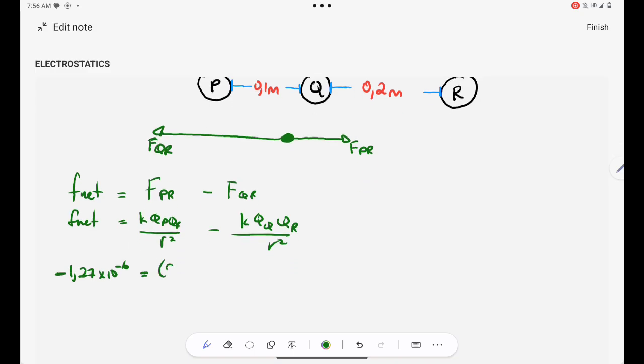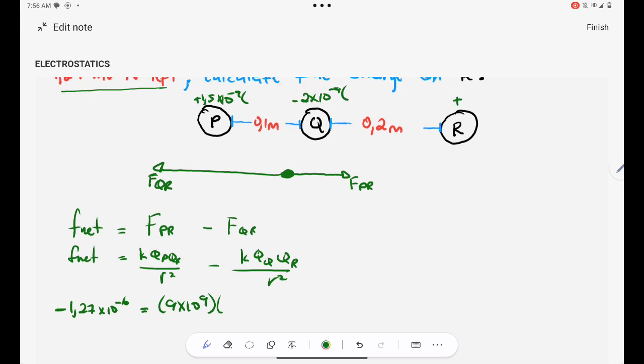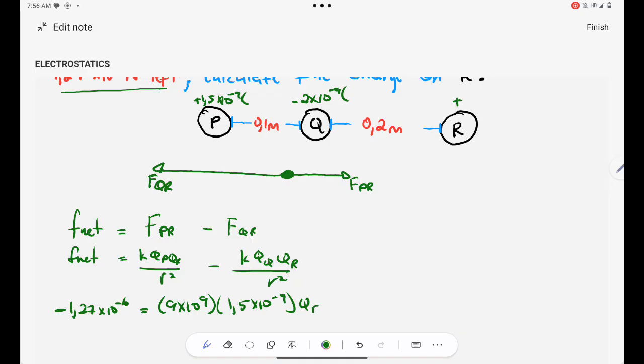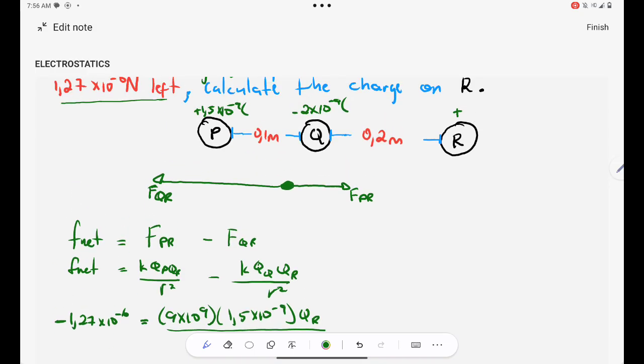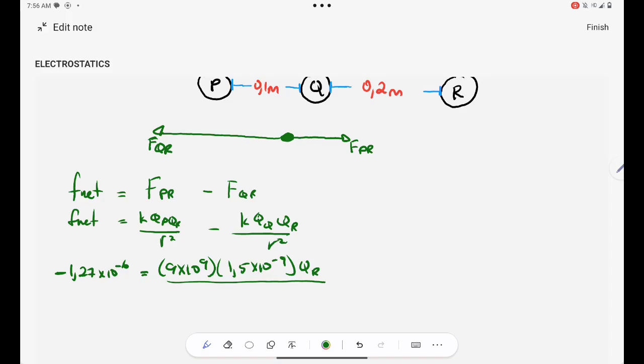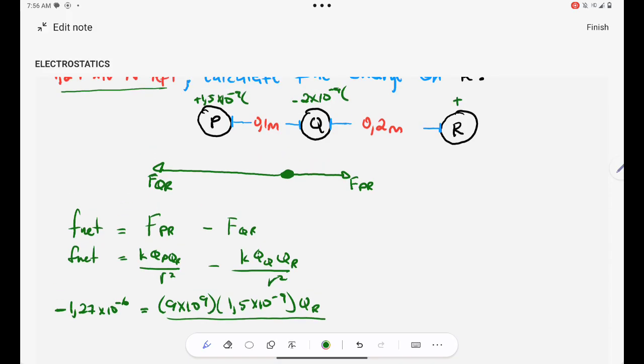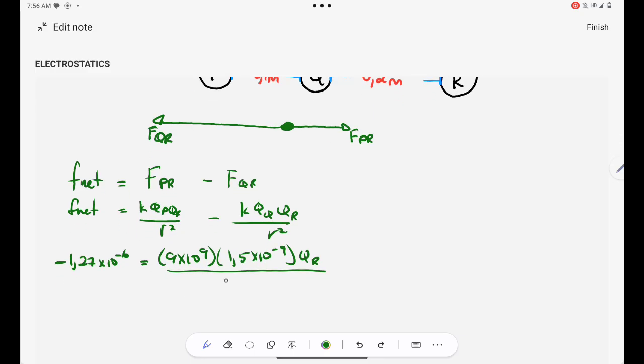And then I have 9 times 10 to the power 9 multiplied by the charge on P. That's 1.5 times 10 to the power negative 9 multiplied by the charge on R. Remember that, guys, you are looking for the magnitude of the charge on R. The distance between P and R, that's 0.1 plus 0.2. So the distance is basically 0.3.